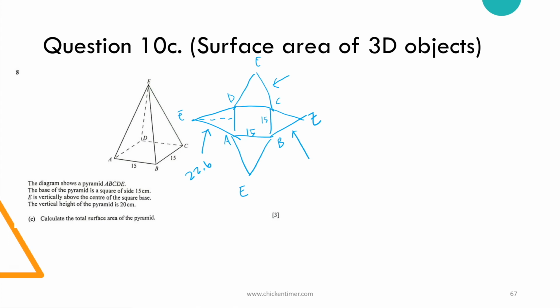So we isolate it, we have A, E, and let's call this X, like this. So this will be 7.5 and this is 22.6. EX will be by Pythagoras theorem. So it will be 22.6 squared minus 7.5 squared.